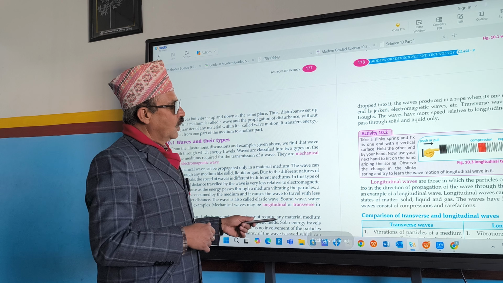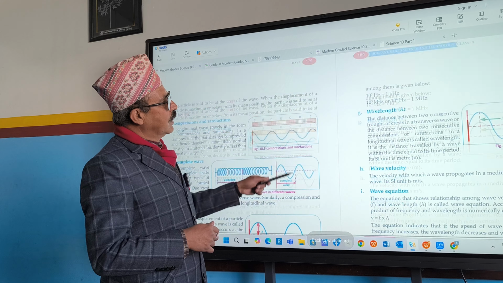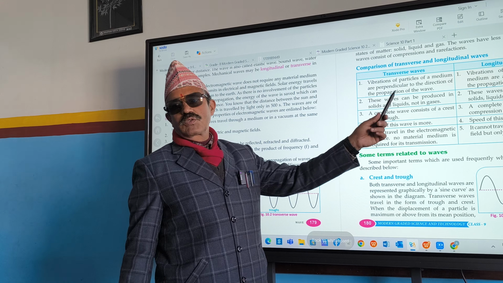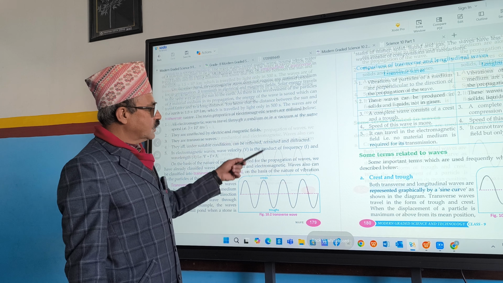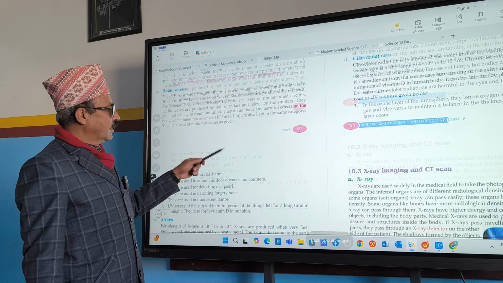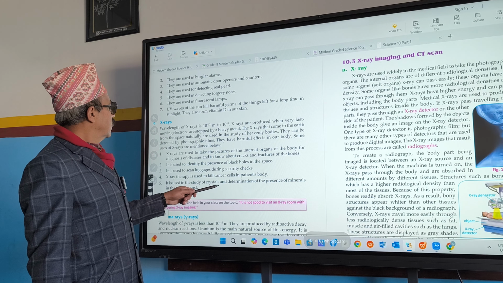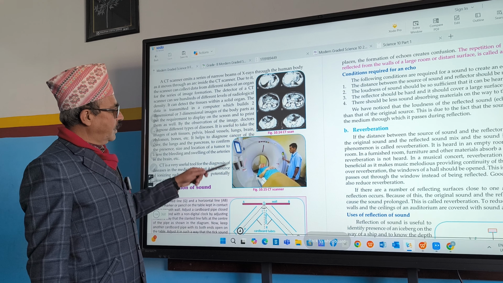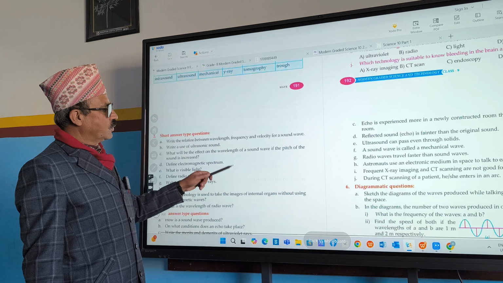And these terms you have to remember: differences between transverse wave and longitudinal wave, crest, trough, wavelength, properties of electromagnetic waves, different electromagnetic waves, full form of sonar.